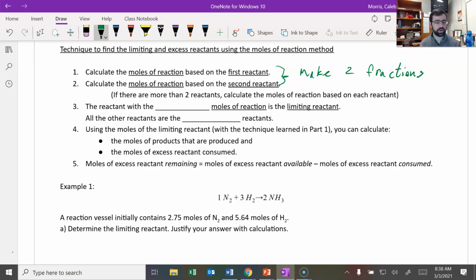If there are 2 or more reactants, we would calculate moles of reaction based on each reactant. It may be more than 2, but most of the time it's 2 fractions. The reactant with the least moles of reaction is the limiting reactant. All the other reactants, if there's just 1 or if there's 3, are excess reactants.